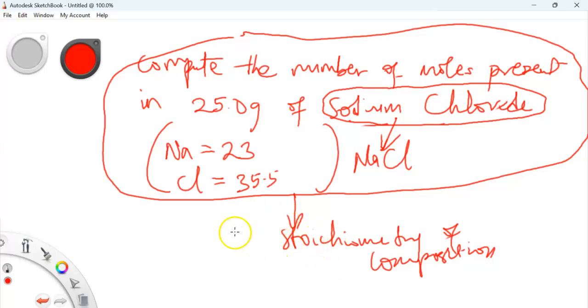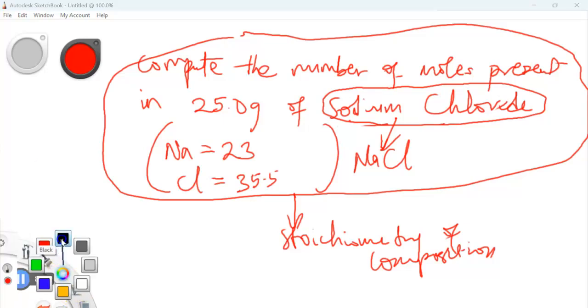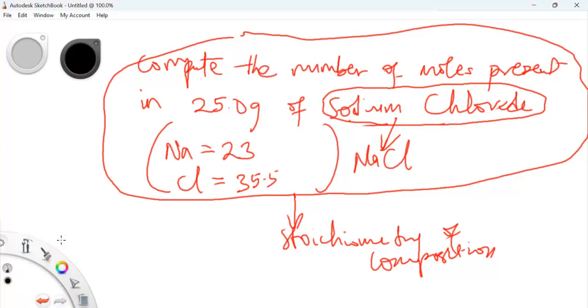You have to know it from the basic formulas I started treating yesterday, of which I'm going to emphasize the first basic formula again.